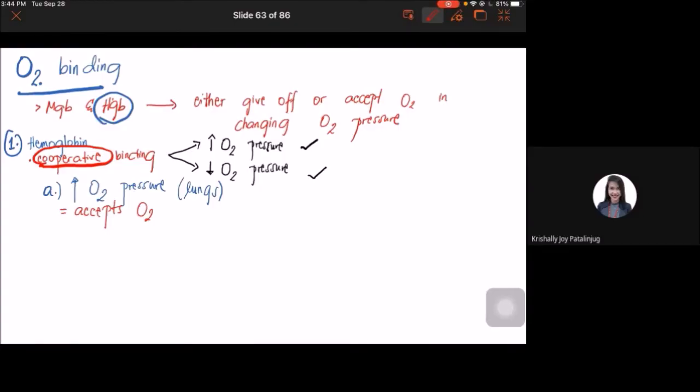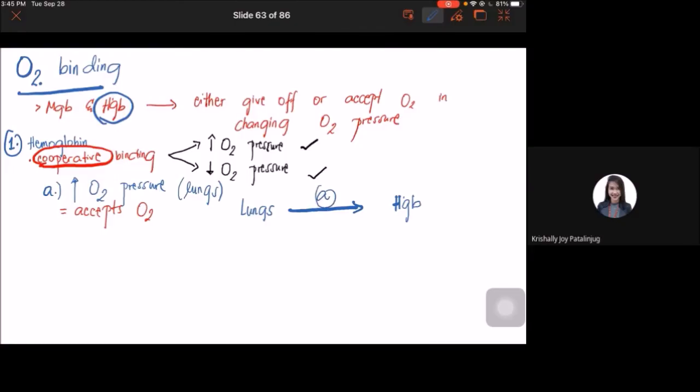Got it? So in the lungs, when hemoglobin is there, since there is a lot of oxygen in the environment, and it has the ability of cooperative binding, it will take advantage of that. There is a lot of oxygen, so it will take oxygen.